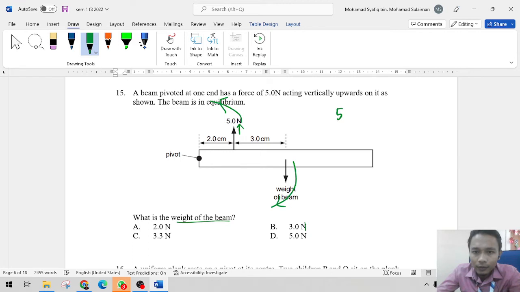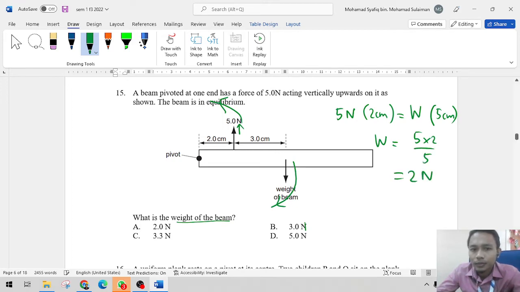So 5 Newton times 2 cm, the anti-clockwise moment, is equal to weight times 5 cm. So the weight is 5 times 2 divided by 5, which is equal to 2 Newton.